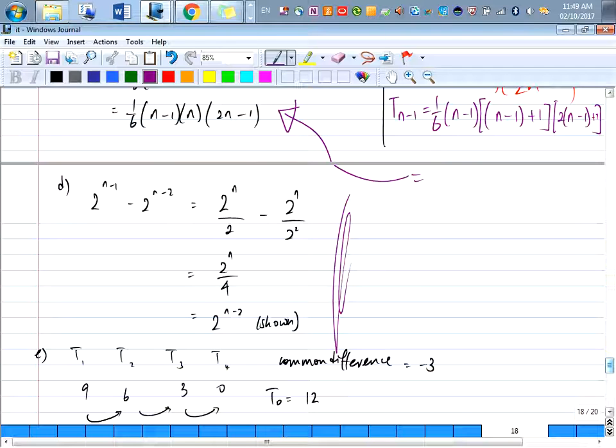Next one, to find the nth term for a sequence that has a common difference.